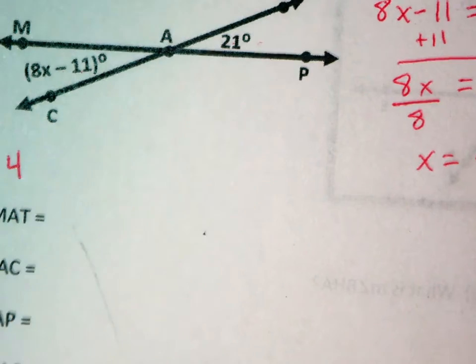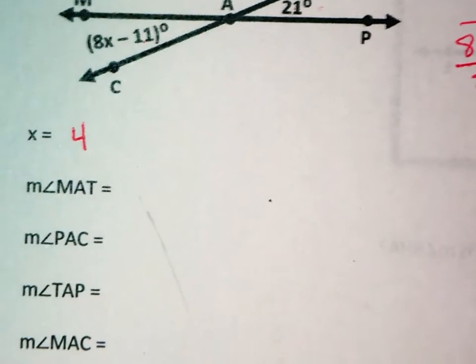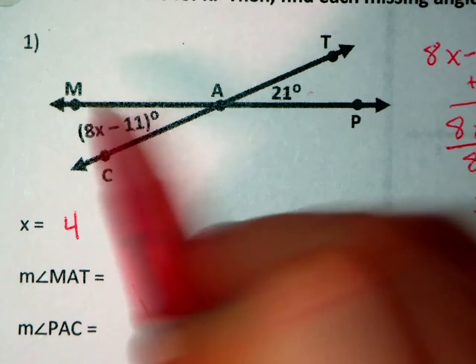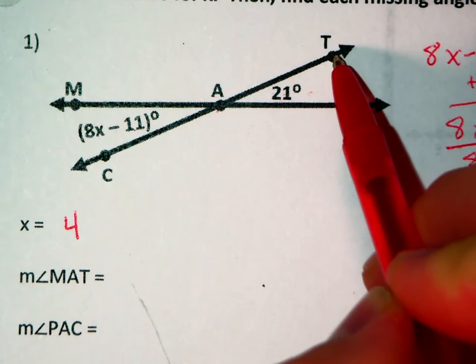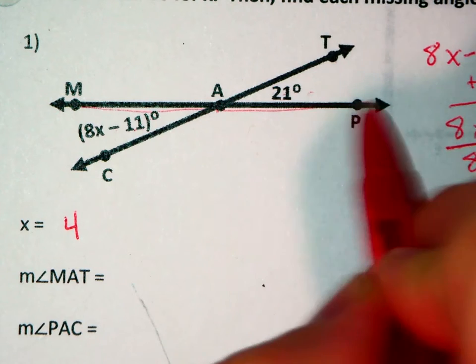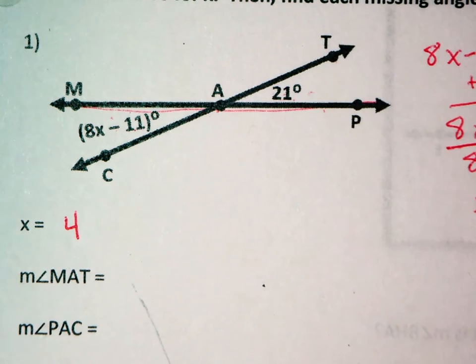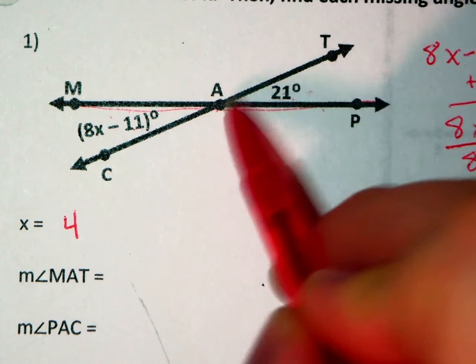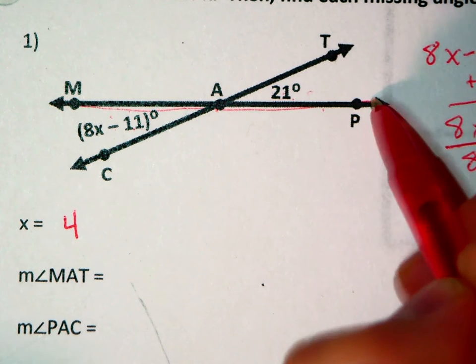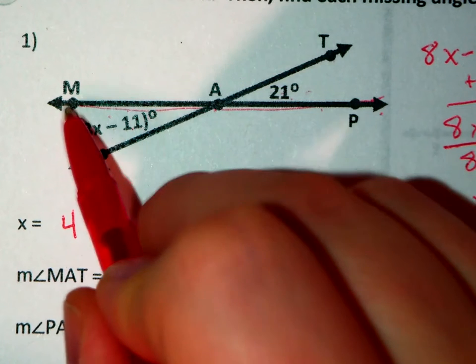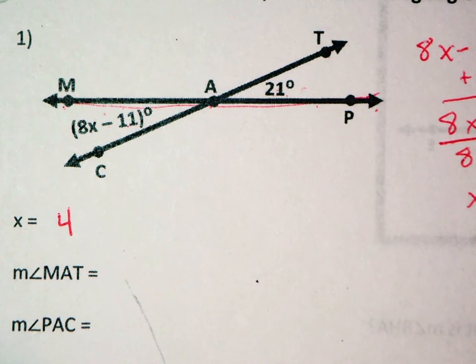Now we can start to answer some of the pieces. The question tells me to find the measure of MAT. MAT shares this line, which means that it would be supplemental to measure angle TAP. And since it's supplemental, TAP and TAM would both add up to 180 degrees.